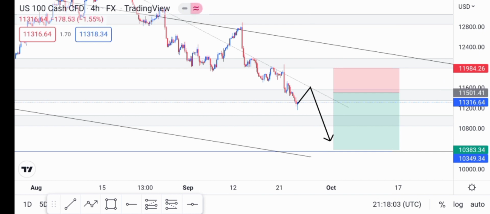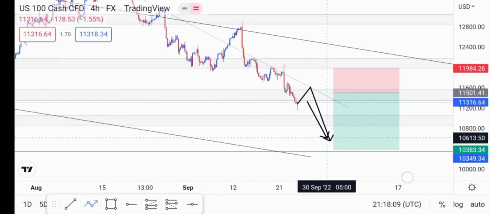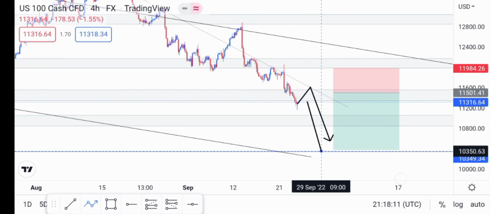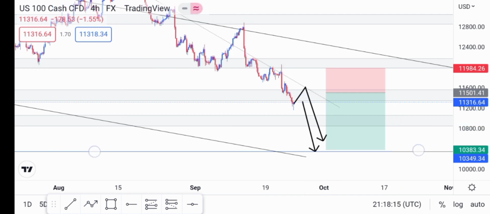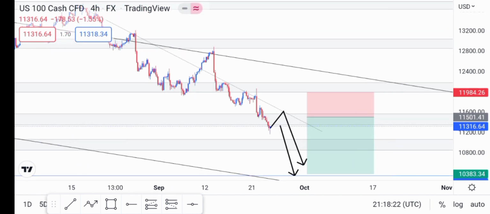If not, this means NAS100 will just shoot to the lower side, starting from this level right over here, pushing to the lower side. So this is the situation that we have on NAS100. Let us keep on waiting and see what's really going on. That'll be all for NAS100.